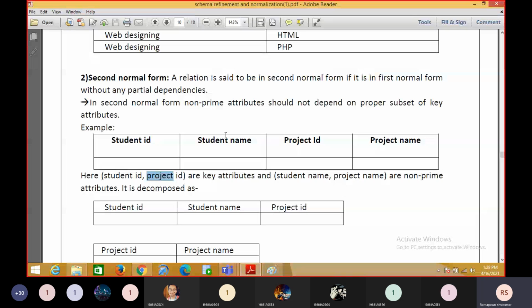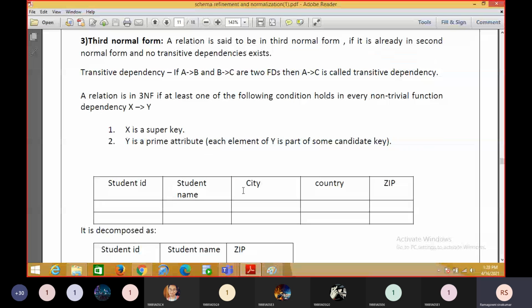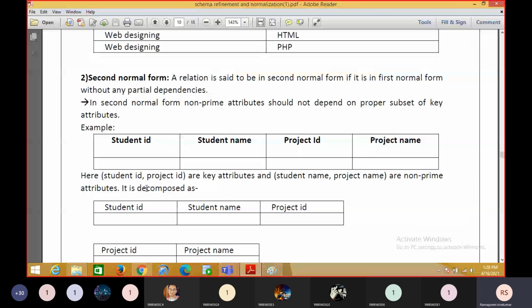So how can we decompose it? You should not have any partial dependency. So I am decomposing this table into student ID, student name, and project ID. Then I decompose another table, that is project ID, project name.